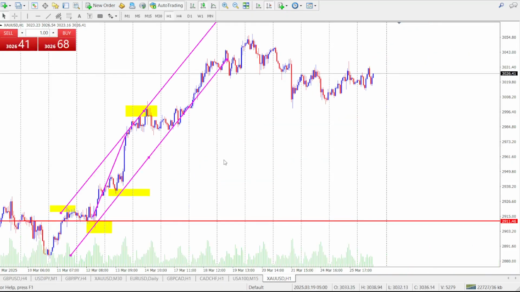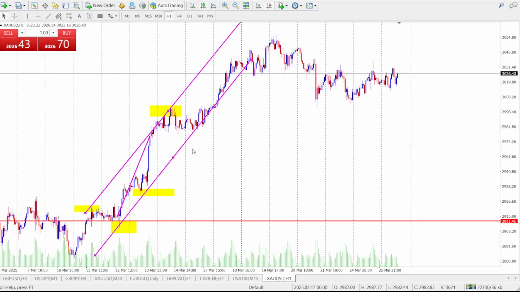Another way to trade this pattern is to sell at resistance. The upper trend line acts as a barrier. So when the price reaches this level, traders may choose to exit their positions or wait for reversal signs.